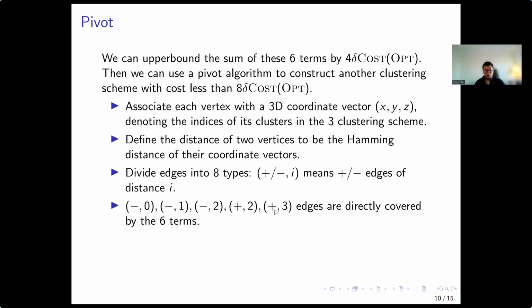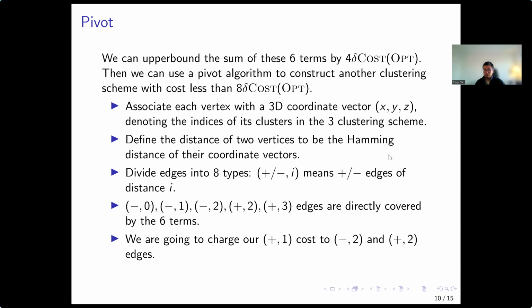And +2 or +3 edges are paid in at least 2 solutions, so they are also covered by some common plus cost. So these edges are covered in the 6 terms, and the cost of these edges can be bounded by 4 delta.